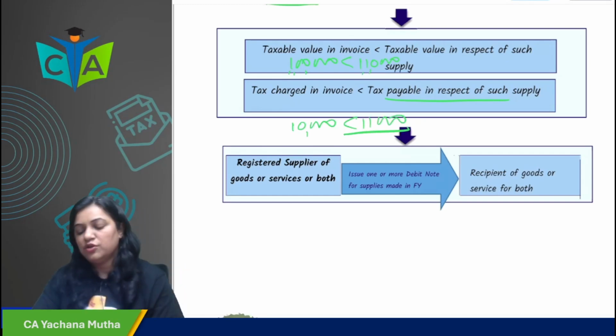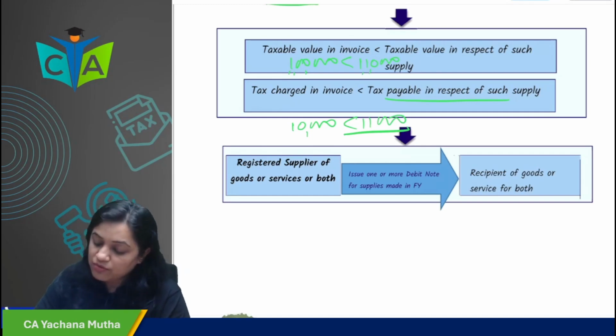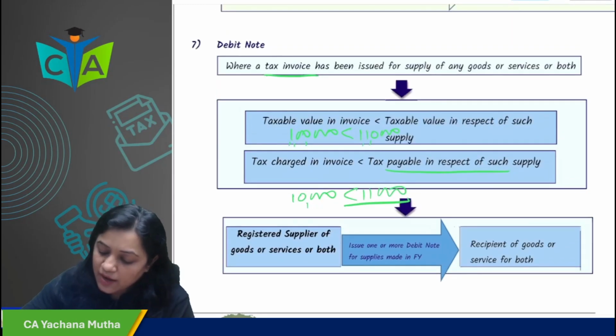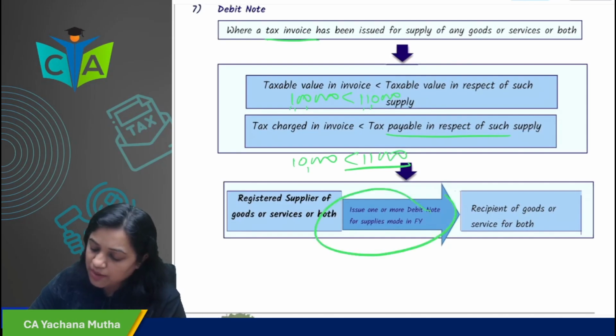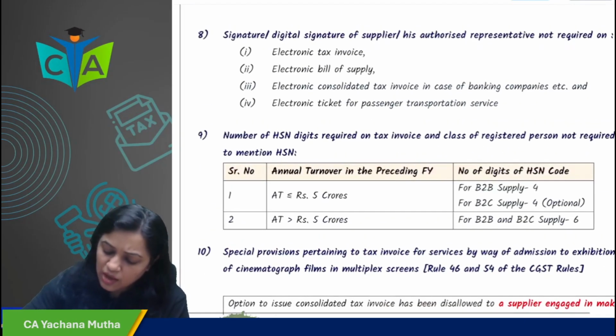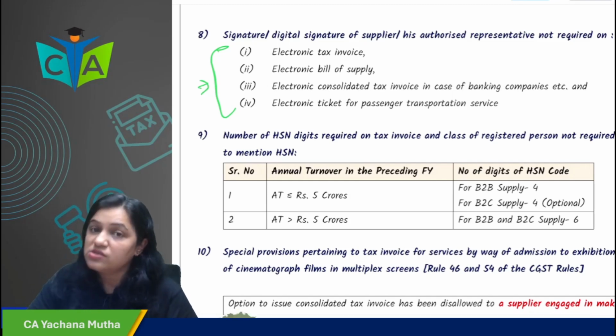So for this 1,000 differential amount, you will issue a debit note. Against one or more tax invoices, you can issue one or more debit notes, not a problem.